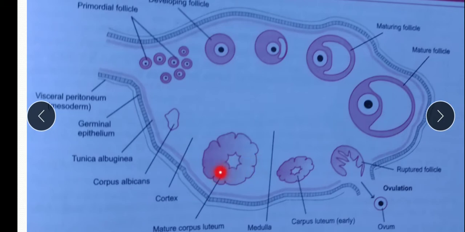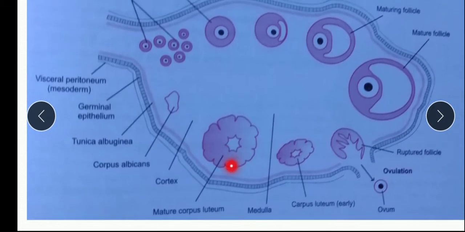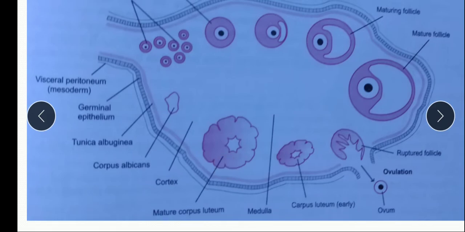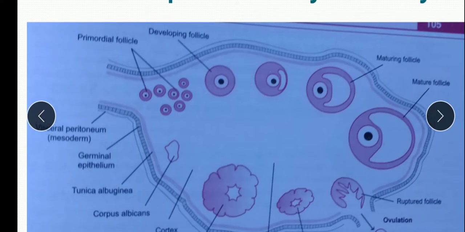If there is no fertilization, the corpus luteum undergoes degeneration and is reduced to a small structure, the corpus albicans, which is finally degenerated by the 28th day of the ovarian cycle. So you have understood the various follicles and their functions.